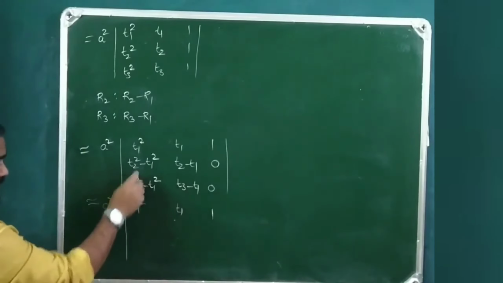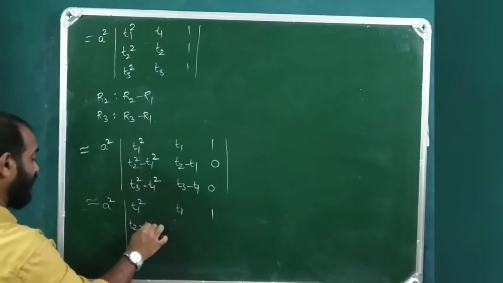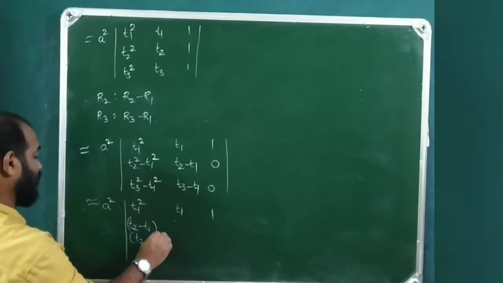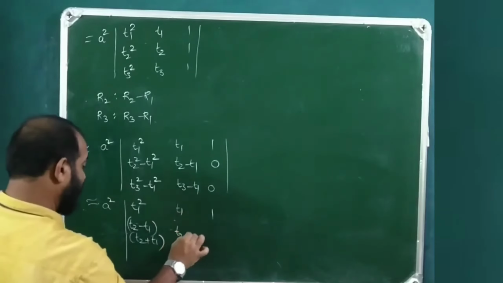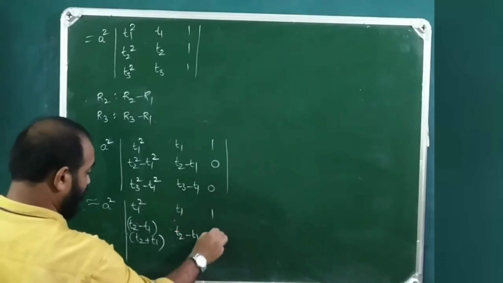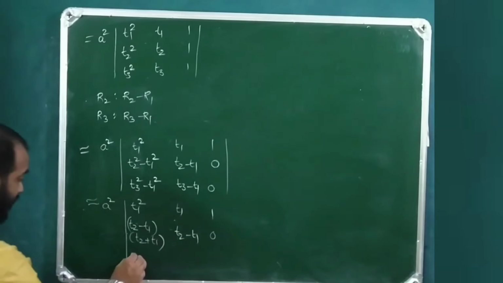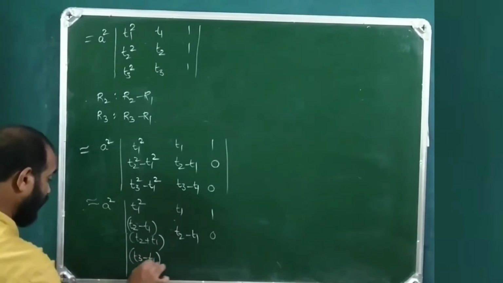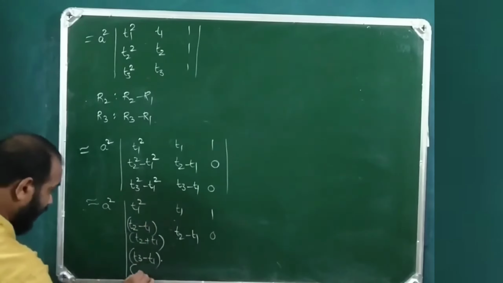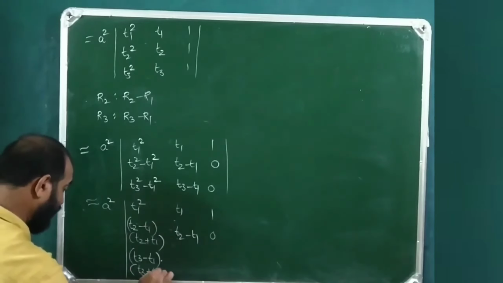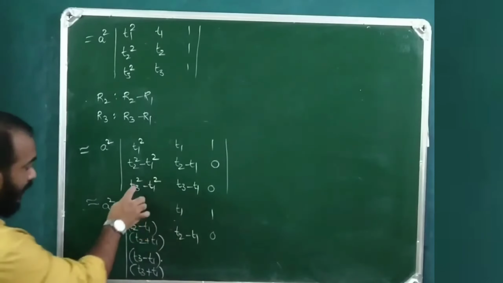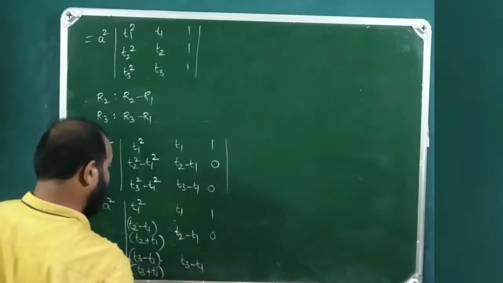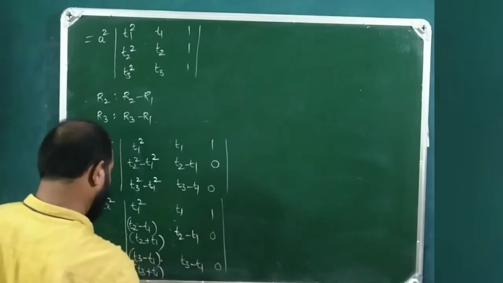So this can be written as T2 minus T1 into T2 plus T1. This is T2 minus T1 as usual, and this is 0. Now this is T3 minus T1 into T3 plus T1, using A square minus B square, A plus B into A minus B. This is T3 minus T1 and this is 0.